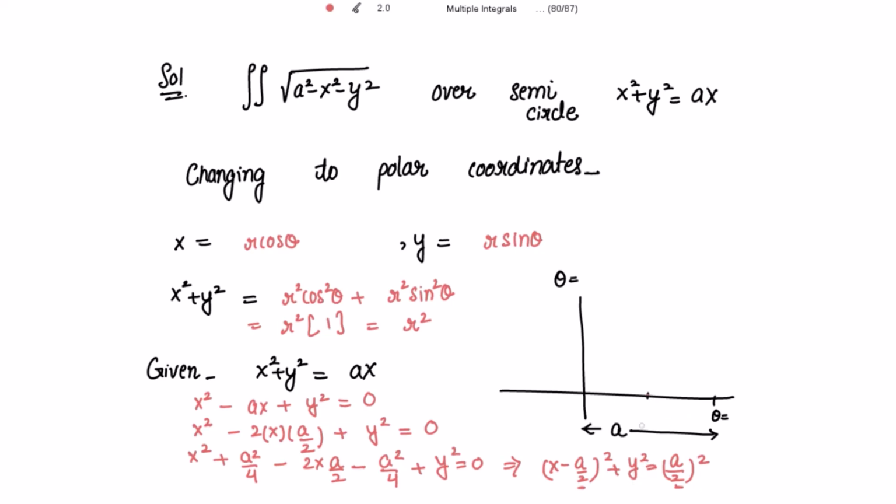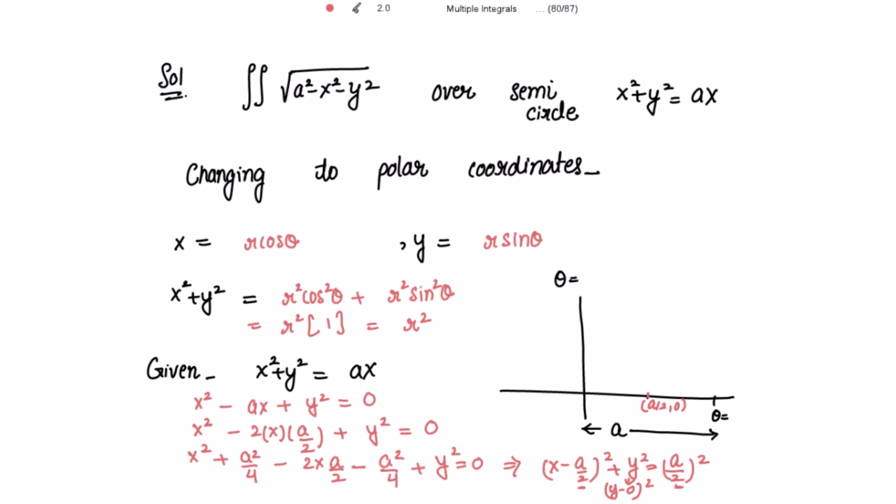This is your h, this is your k. So from the equation of the circle you get the center as a by 2, 0.